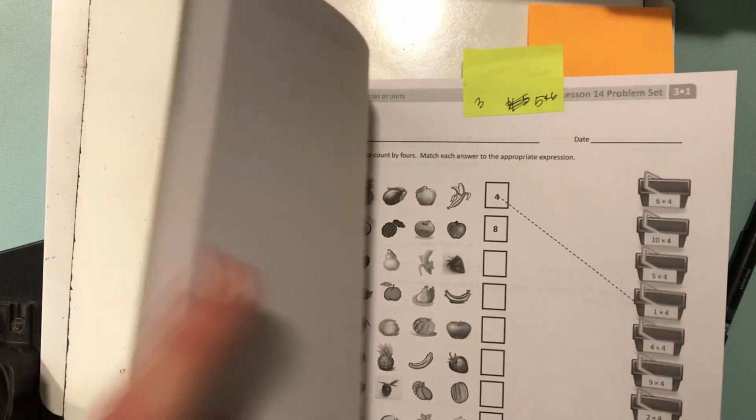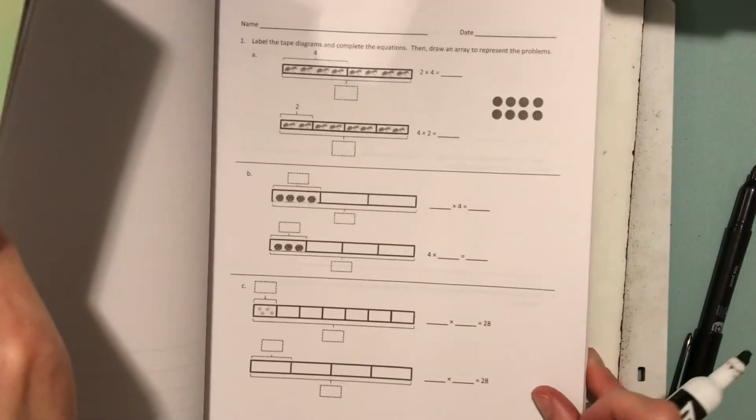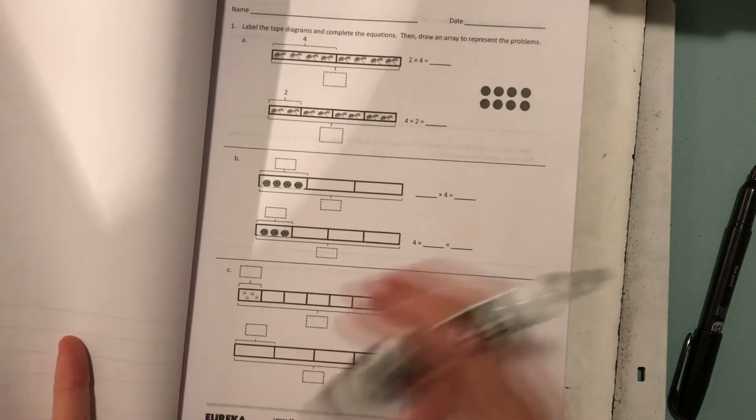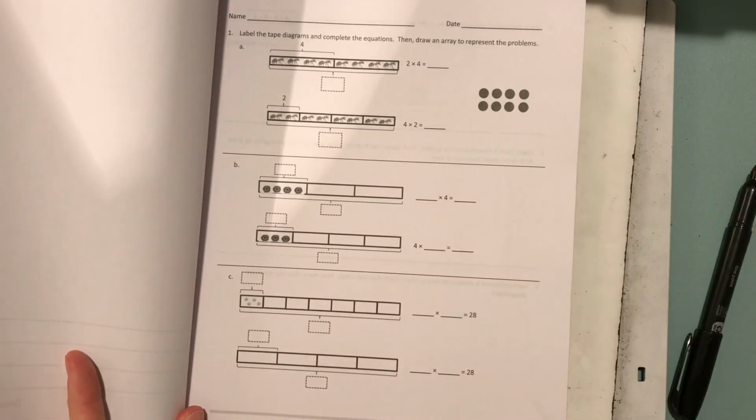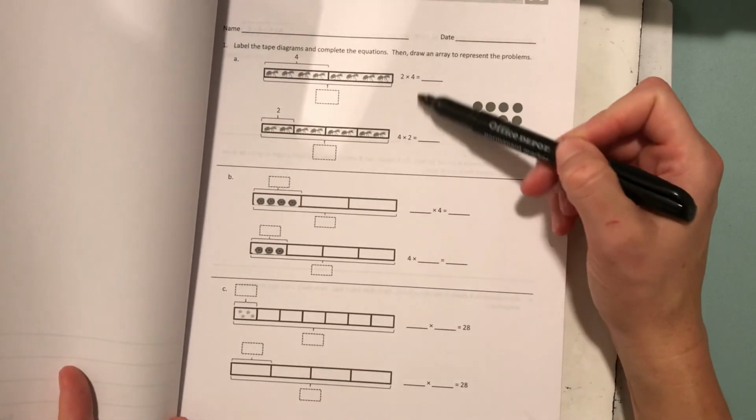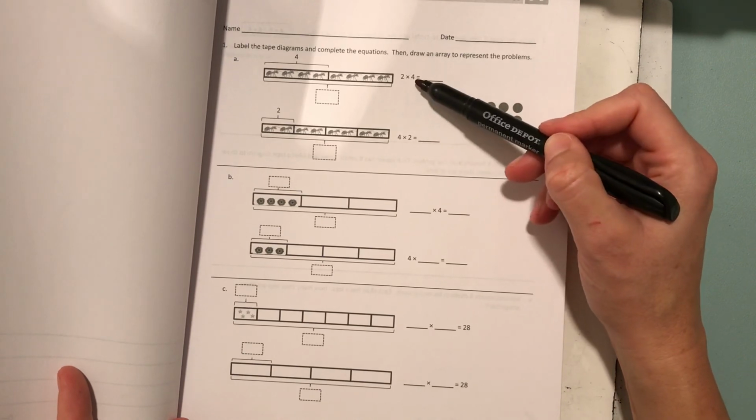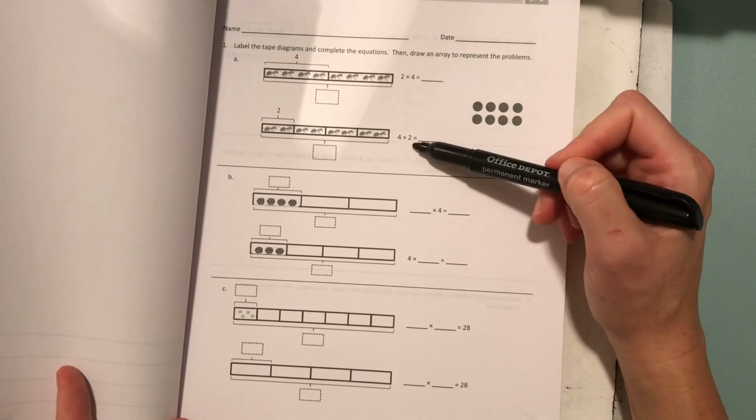Okay, let's see what we're doing today. On your independent work, you are going to be doing page 93. So this is exactly what we just did, okay? On this first one, they gave you the commutative multiplication sentence for each of these.